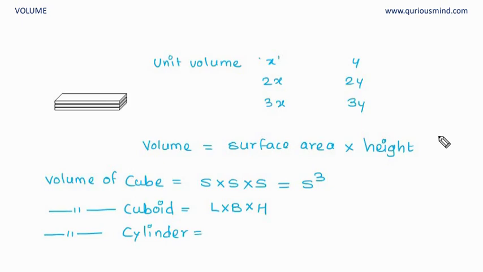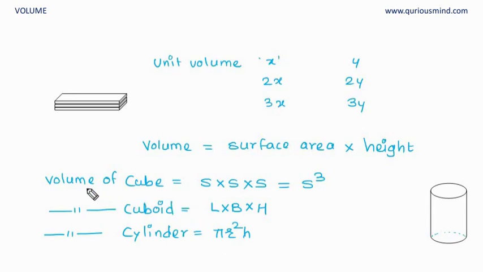Cylinder has the area of the base, which is the area of a circle, which is pi r square, and height of the cylinder is h. So pi r square h.